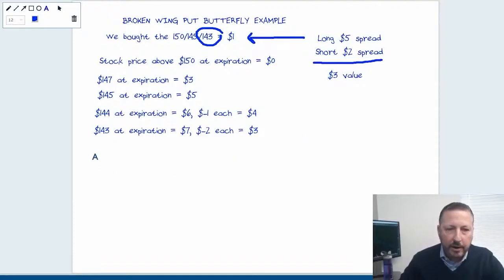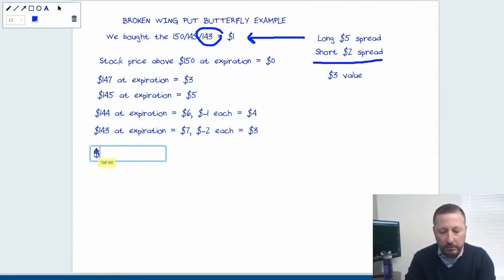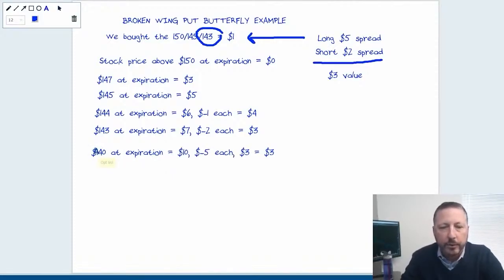So let's play this out here. Let's say the stock goes to 140. Our long strike is worth 10. The short strikes are worth 5 each. Okay. But then our long 143 strike is worth 3 for a value of $3.